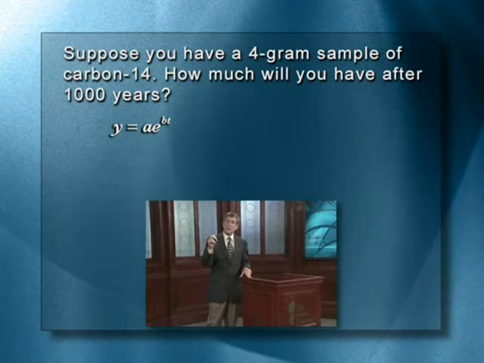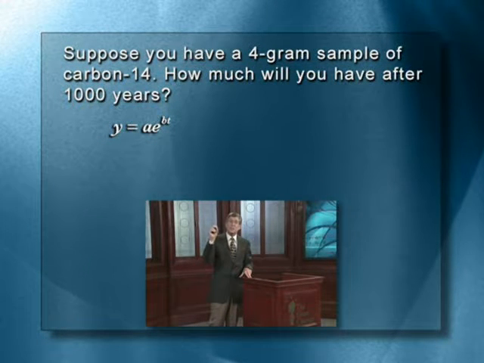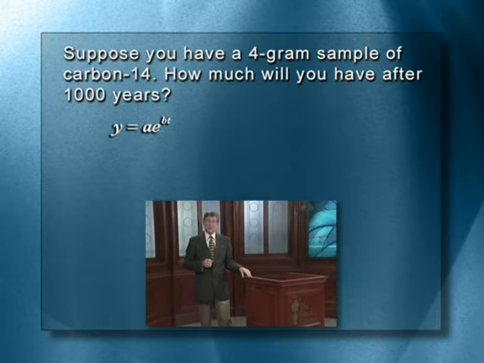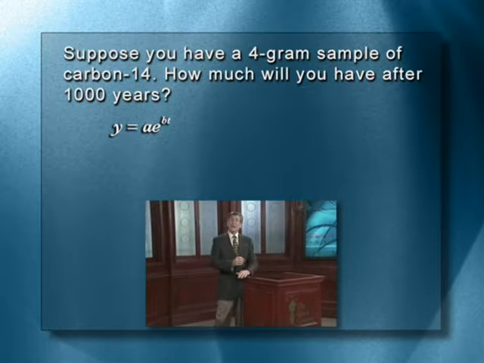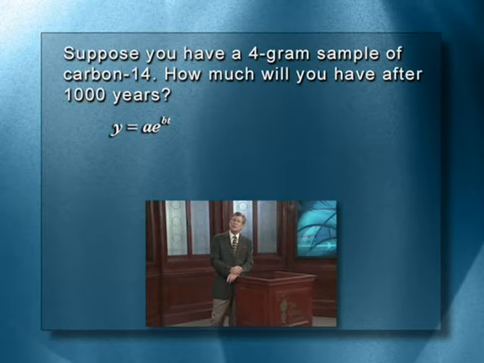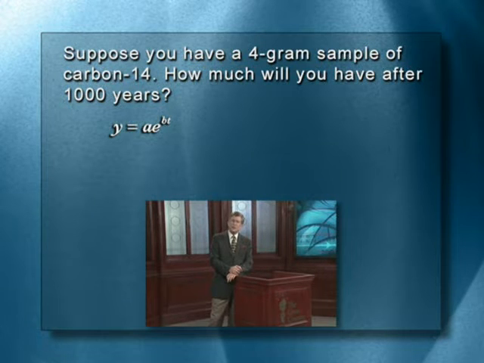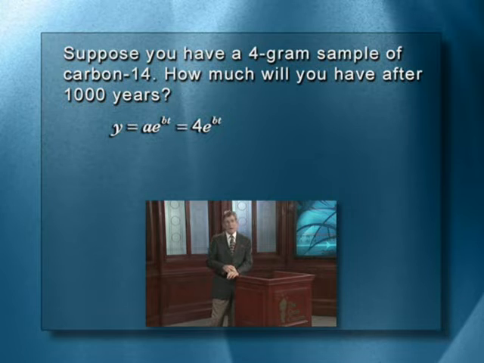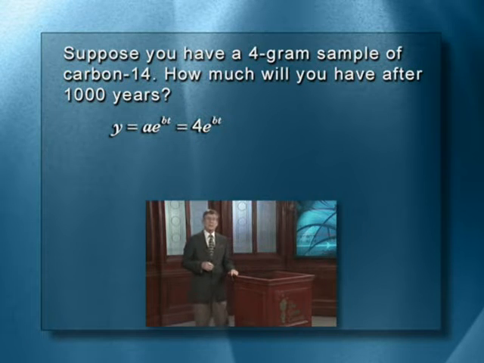It's exponential decay. So we'll use the same formula, y equals ae to the bt, but we expect b now to be a negative number, don't we? All right, what's a? Well, a is the initial amount. When t is 0, e to the 0 is 1, so I know a is 4 right away. The only question is what's b?